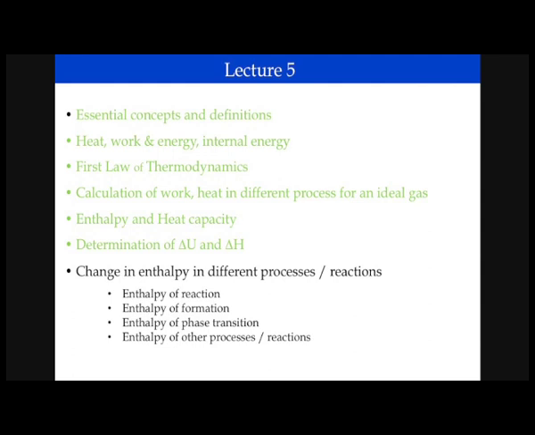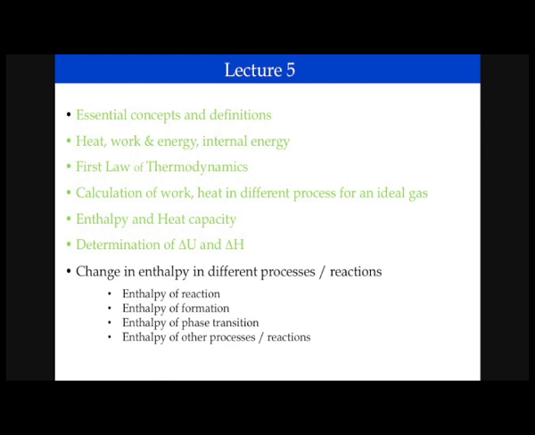We went through in detail the calculations of work and heat in different processes, especially for an ideal gas, and we also talked about enthalpy and heat capacity in the last lecture, and then we learned how we can experimentally measure delta U and delta H in a process, especially in a chemical reaction.